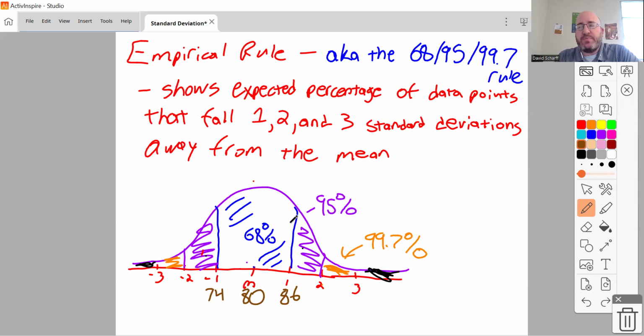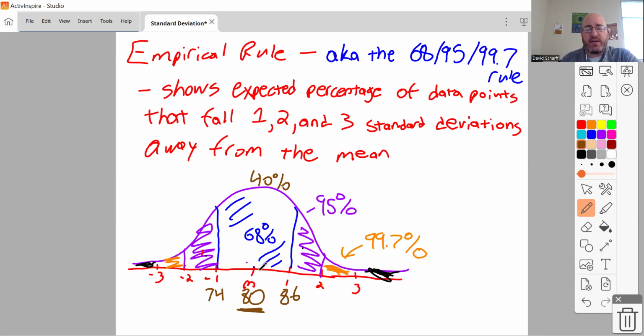Without trying to go too deep into this, I tried to explain it in class. This works because if your data starts to spread out too much, so instead of 68% of your data points falling in here, let's say it was only 40%, what that would probably wind up meaning is your mean is not actually going to be 80.